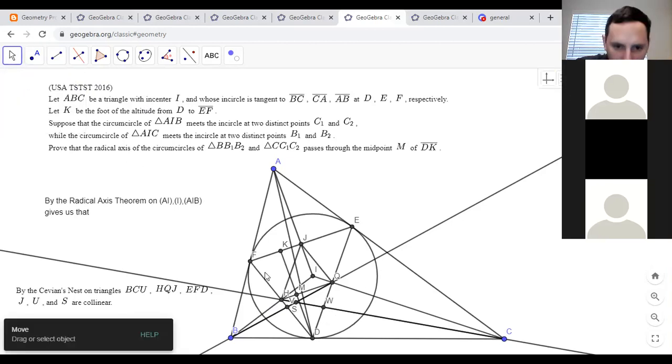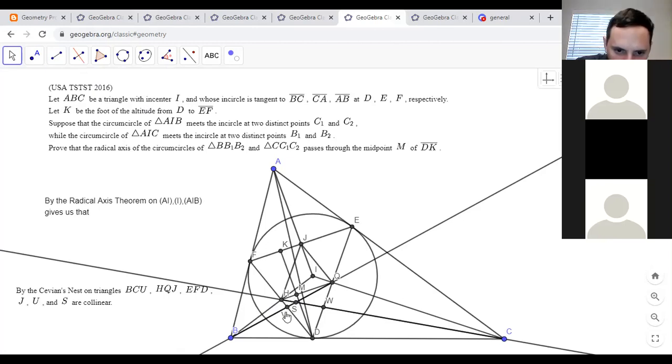So let's say angle JQS is equal to angle HVB, right? JQS is equal to HVB, because they're parallel. And HVB is 90 degrees minus HVB, because these are perpendicular.